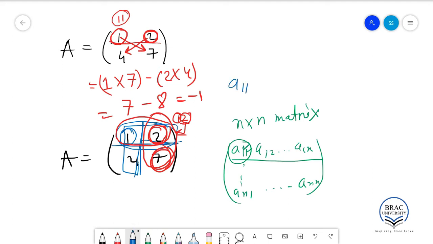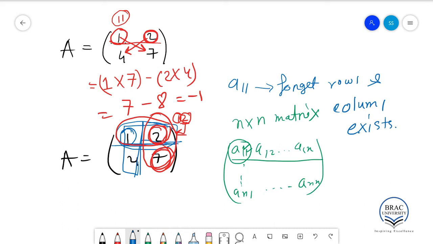When you take a11, you forget row 1 and column 1. So this is the first step, and then you do the rest.